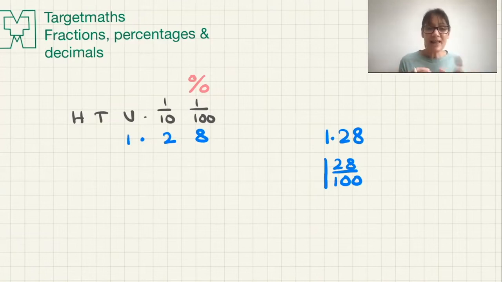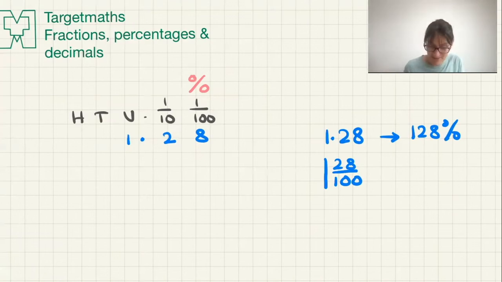So if the 1 wasn't there, you'd be happily saying that's 28%, but the 1 is there, so it's going to be 128%. The 1 is signifying I've got 100%, and 28 is getting added on, so to speak. All right. If you got that right, really, really well done.